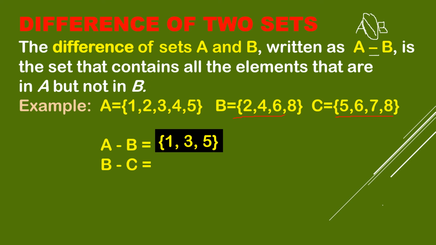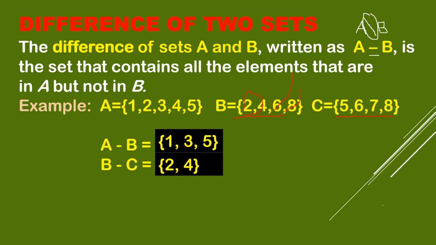Meron ba? Wala. 6. We have here 6. Tanggalin natin. 7. Wala. 8. Meron. So, tanggalin natin. So, ano ang natira kay B? We have here 2 and 4. Therefore, B minus C is equal to 2 and 4. Alright.